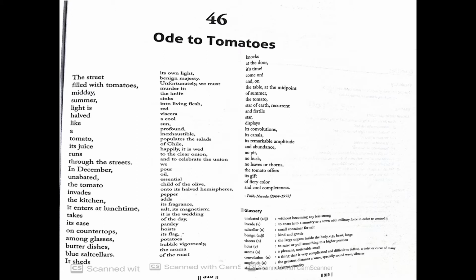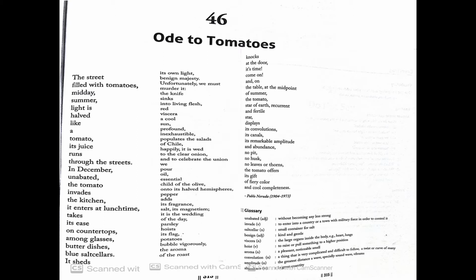Ode and Odyssey. We study in literature. So ode means something which we write to praise or we express the advantages, beautiness or likeliness of something, that is called ode.